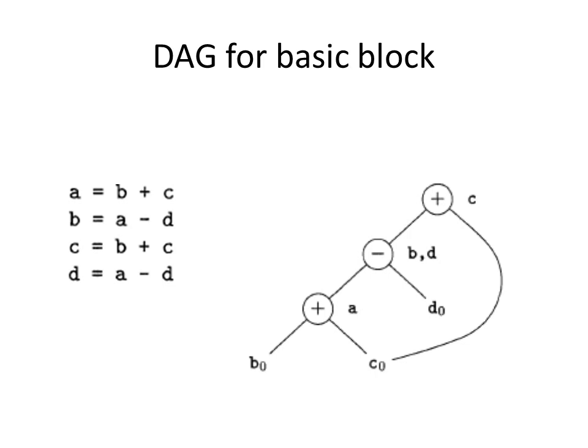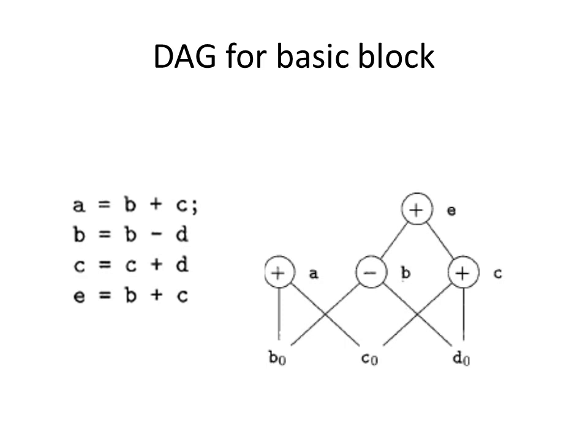We have to traverse from the bottom, B0 plus C0, that is B plus C, which results in A. So A equal to B plus C is drawn, and then B is equal to A minus D. So for B is equal to A minus D, go upper, so the minus symbol is there, A minus D will be B, and C is equal to B plus C, so go upper, for that also the graph is drawn, and D is equal to A minus D, for the last 3 address statement also the graph is drawn like this.